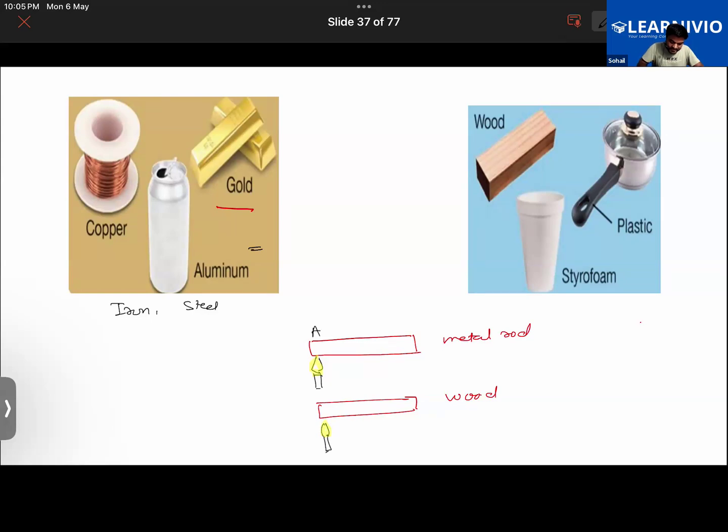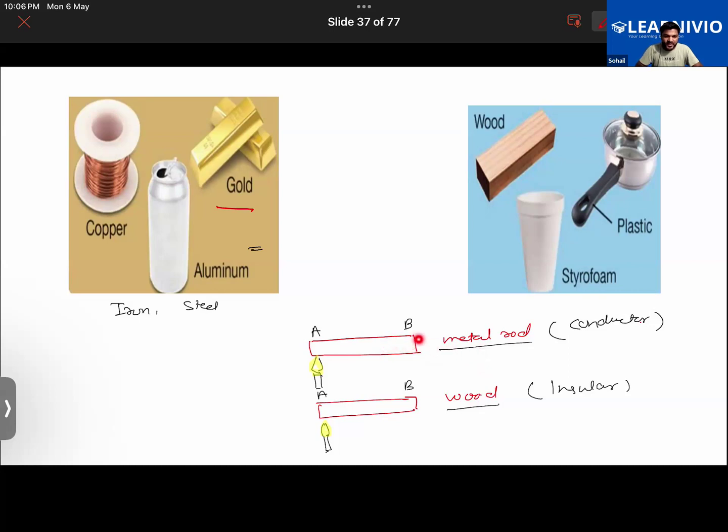This is end A, this is end B, this is end A, this is end B. The first one is a conductor of heat. Another one is a bad conductor and is called an insulator. Do tell me in which case the end B will become heated quickly. The end B becomes heated quickly in which one? Metal rod. Yeah, isn't that true, Abu?